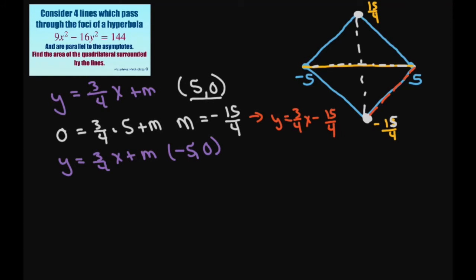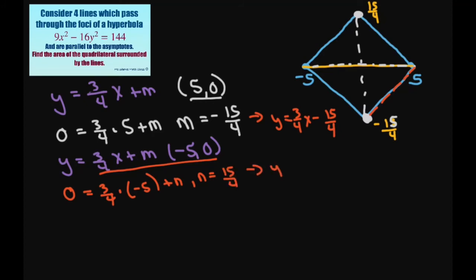All right, so the next one is this one. Do the same thing, substitute in, and you get 0 equals 3/4 times negative 5 plus n. So your n is going to equal 15 divided by 4, and that's going to give you y equals 3/4 x plus 15 divided by 4.